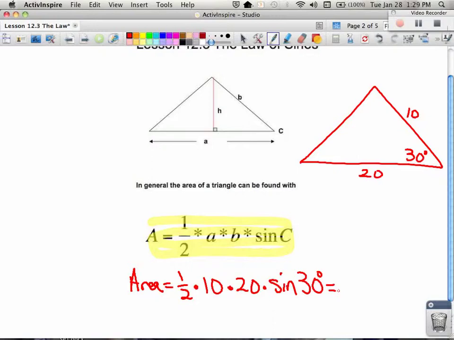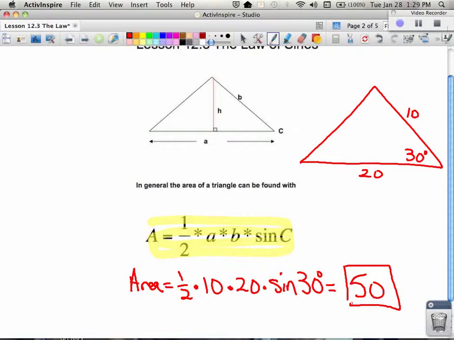And I can type this directly into my calculator. If I type in 1/2 times 10 times 20 times the sine of 30, my answer would be 50. So this would be the area of the triangle, 50.